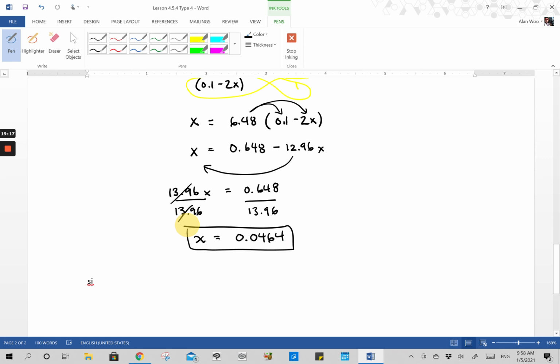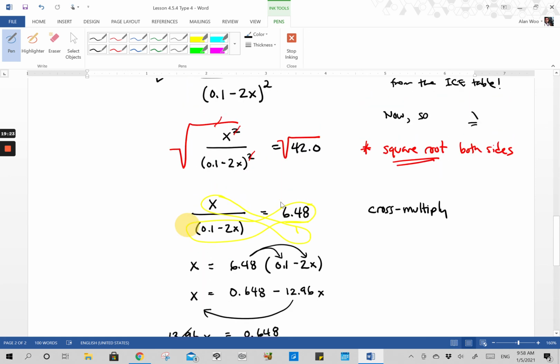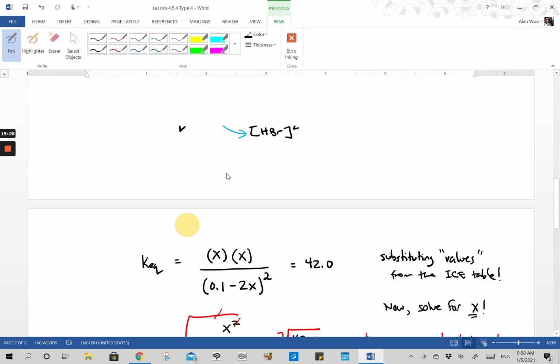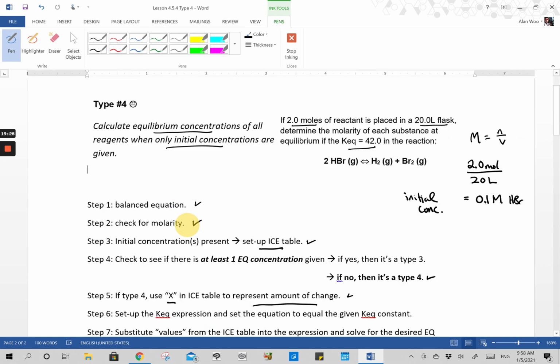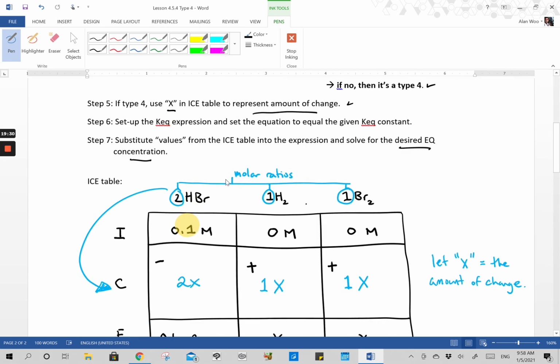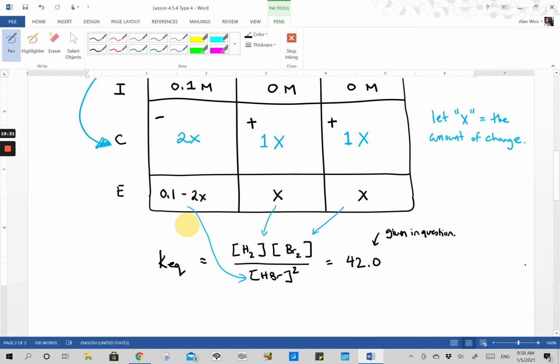Now, this x has a couple of meanings, right? So remember, if we go back to our table here, the value of x itself does equal the concentration of Br2 and the concentration of H2. But the concentration of HBr is 0.1 minus 2x. So we have to put that x value in here and then solve for the actual number.